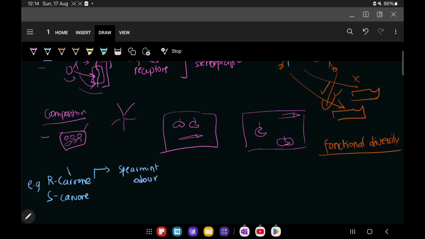So it's thanks to this ligand that binds to a specific receptor and gives us this smell. While if this one binds, you get a pungent smell, like if you have biryani or a particular spice.